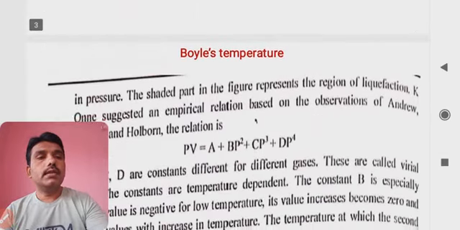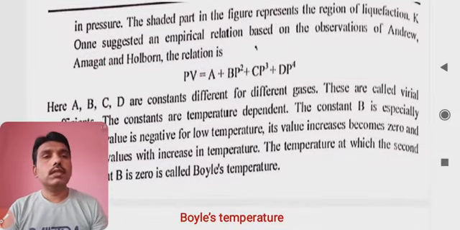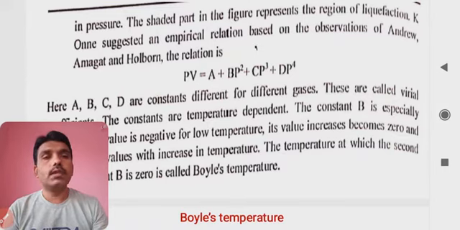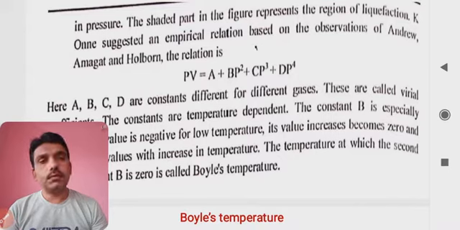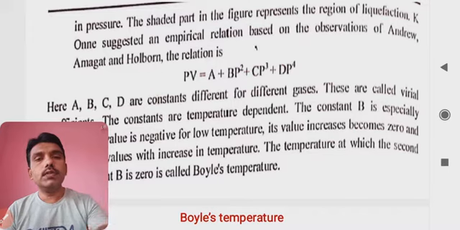But at this stage, Keon suggested an empirical relation based on the observations of Andrews and Amagat, who performed their experiments, and Holborn also studied the behavior of different gases at different temperatures and pressures.